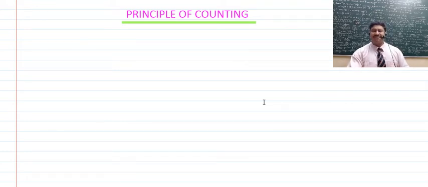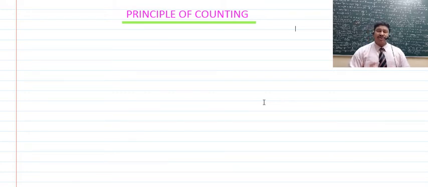For that matter, let us have an example. Let's say there is a cricket team, and there is a batsman who is very good at playing fast bowling, and let's say there are 4 fast bowlers, right? If a choice has to be made for a bowler, then the choice can be made in 4 different ways. Similarly, on the other end, let's say there is a batsman who is very good at playing spin bowling, and the team has 3 spin bowlers, then the spin bowlers can be chosen in 3 ways.